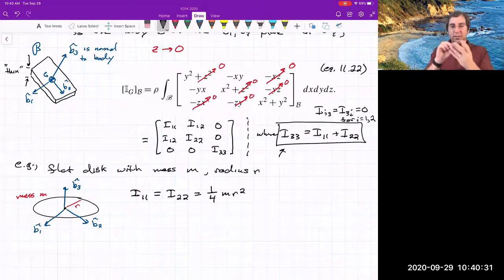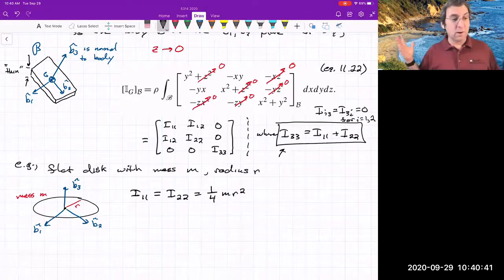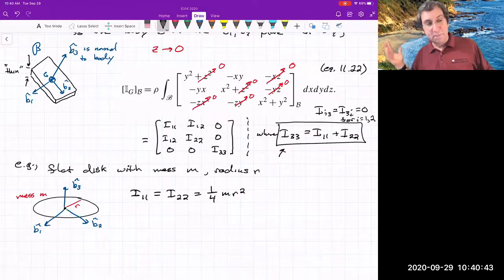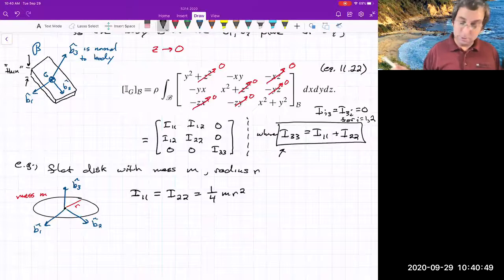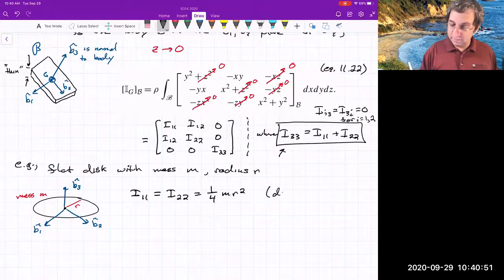To order of magnitude, this thing from side to side is 2r, and it's got a mass m. So I'd say it's going to be on the order of 4r squared times m. And okay, I'd be off by an order of magnitude. That also means I'm within an order of magnitude. When you do it carefully, you get this 1/4 factor.